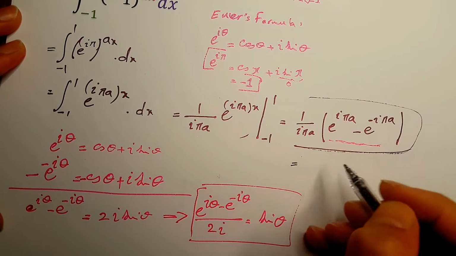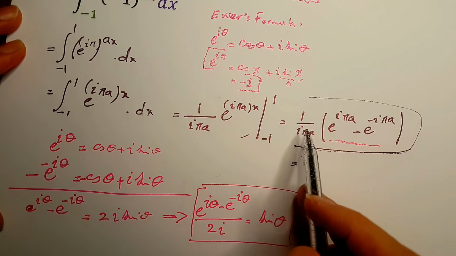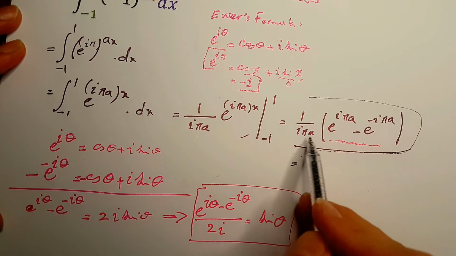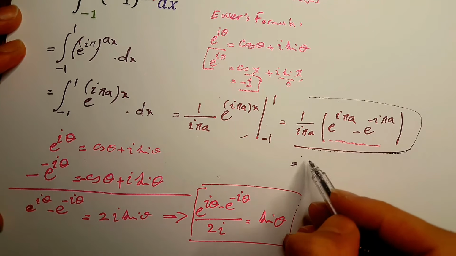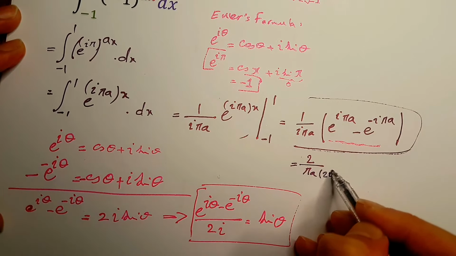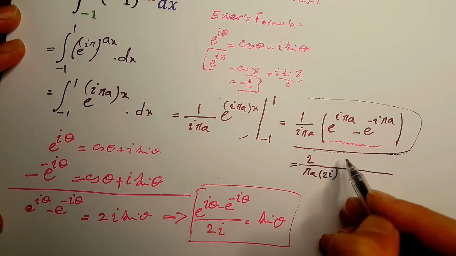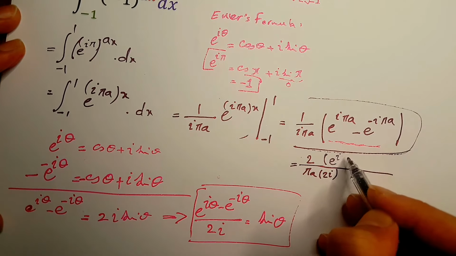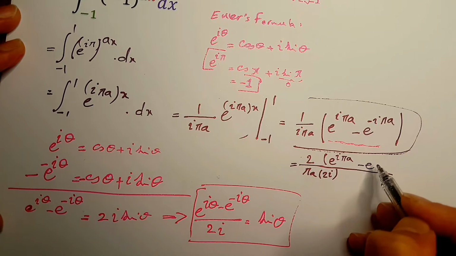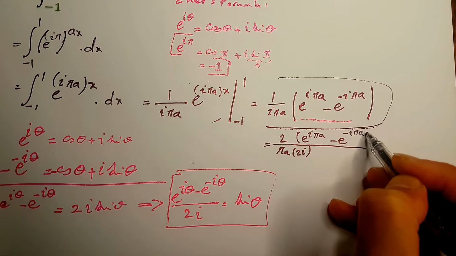If we multiply both the numerator and the denominator of this fixed coefficient by 2, we'll have 2 pi a times 2i in the denominator, and in the numerator e to the power of i pi a minus e to the power of minus i pi a.